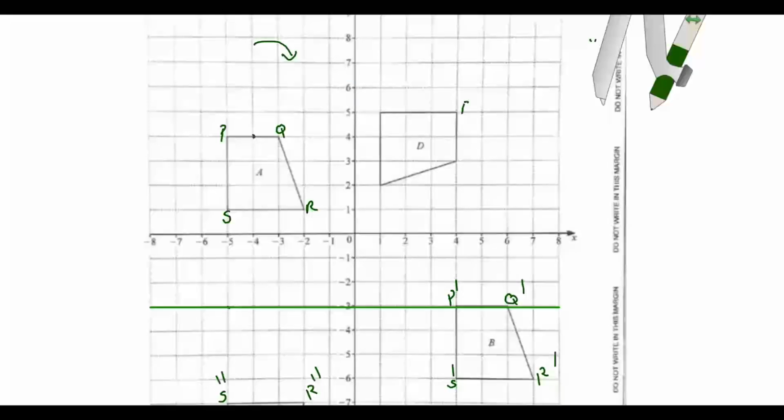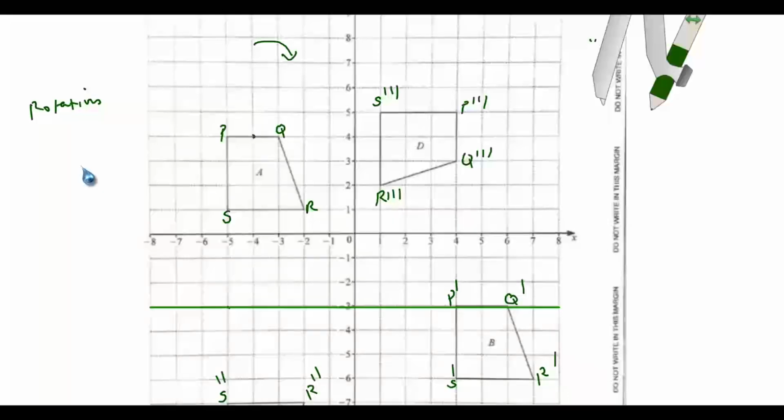So this should be P prime prime prime, this should be Q prime prime prime, this should be R prime prime prime, and finally S will come here, S prime prime prime. If you flip it like that, I can tell you that it is rotation. So rotation, that's the name of the transformation.